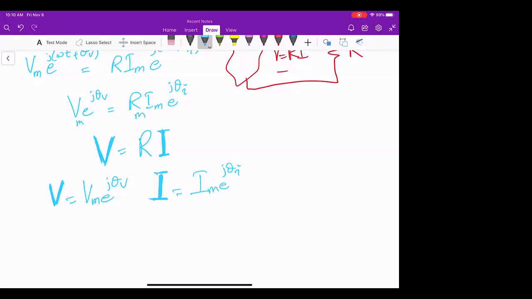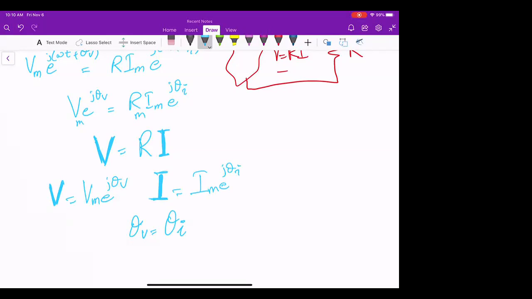And then if we express it in this form, we are saying here that theta V is equal to theta I, because there is no difference in both of them.